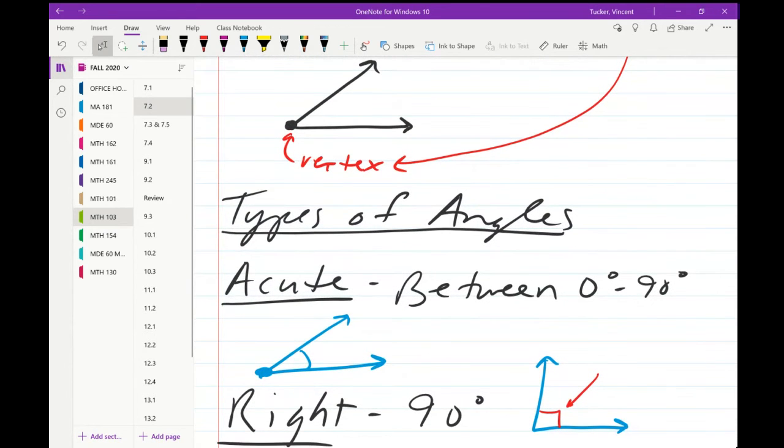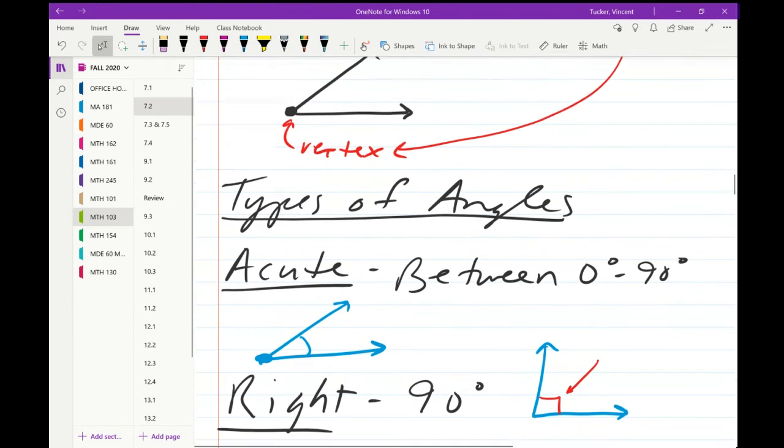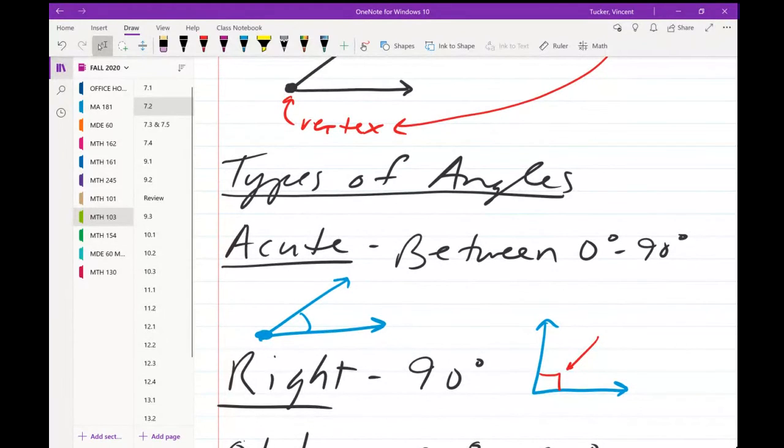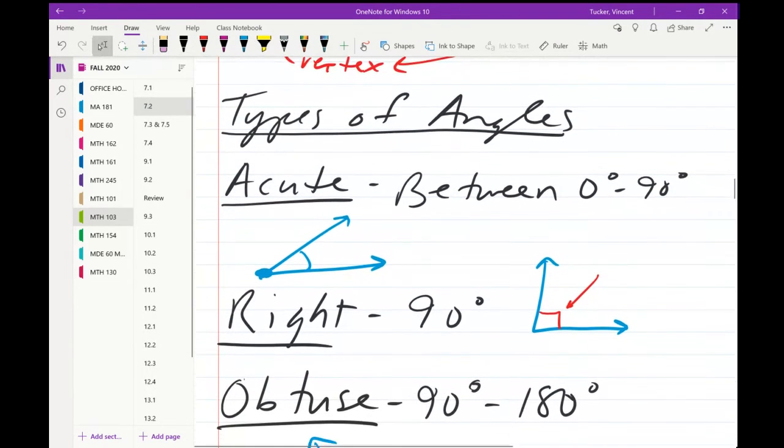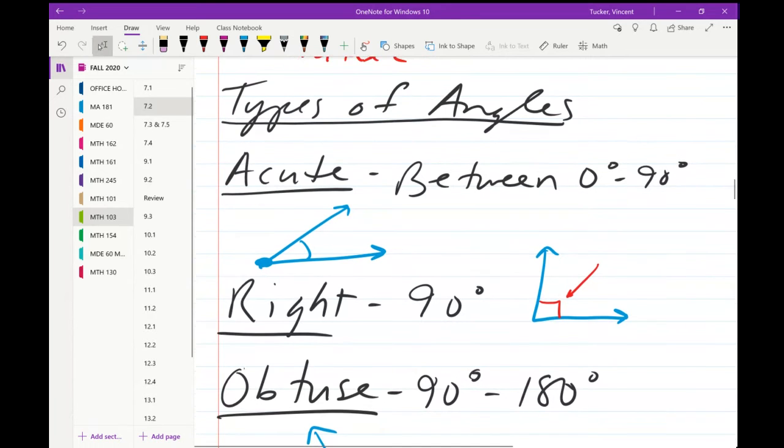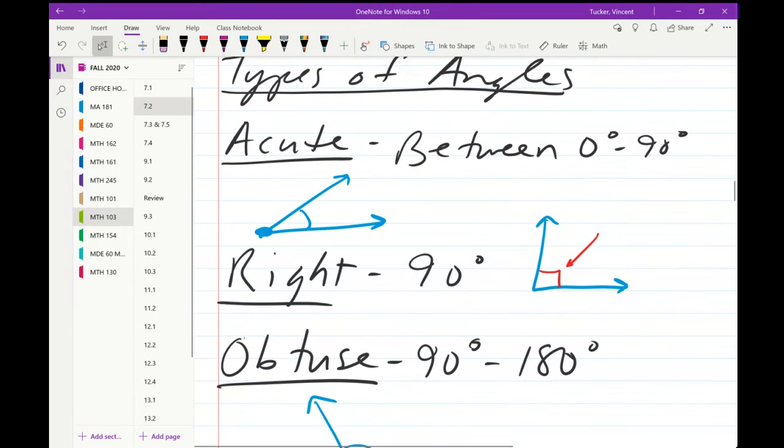Types of angles. An acute angle would be between 0 and 90 degrees. We mentioned a right angle. That's 90 degrees. Once again, don't forget you have to see that square in there. An obtuse angle would be between 90 and 180.